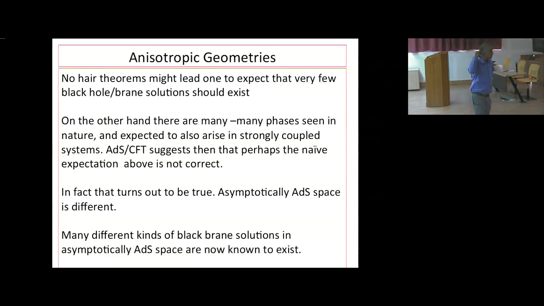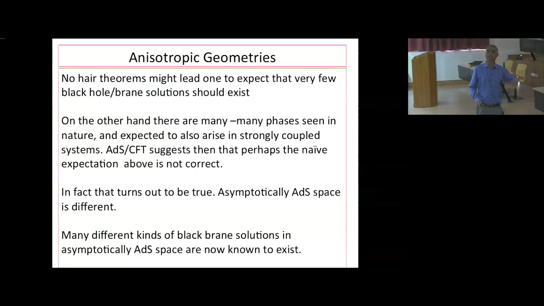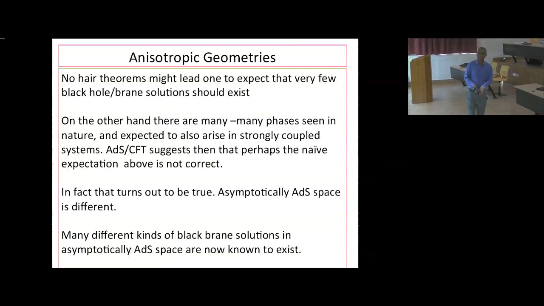The very fact that anisotropic geometry should arise, say in the context of AdS/CFT, is at first sight perhaps a little confusing, because to the extent you think of these geometries as the near-horizon geometries of black holes, the no-hair theorems, which we have known about for a while, might suggest that these kinds of anisotropic situations should be very hard to find, even maybe impossible, because after all, the no-hair theorems tell us that the structure of near-horizon geometries is very robust.